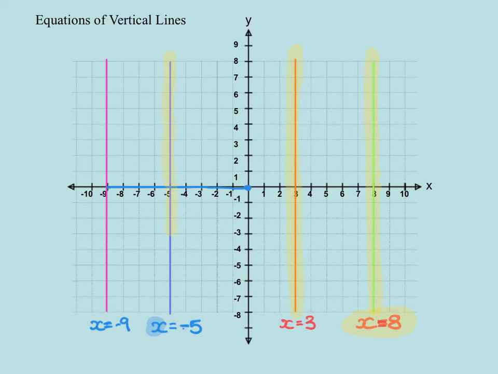Next one, straight up and down, crossing over the x-axis at -5, x equals -5. And the last one here, straight up and down, crosses over the x-axis at -9, x equals -9.